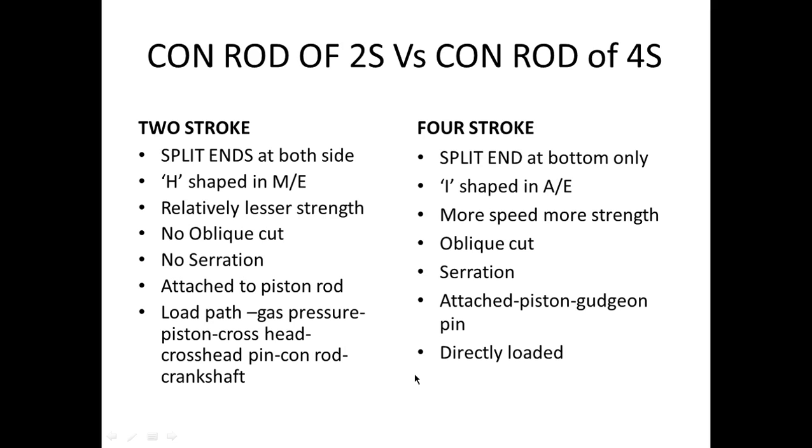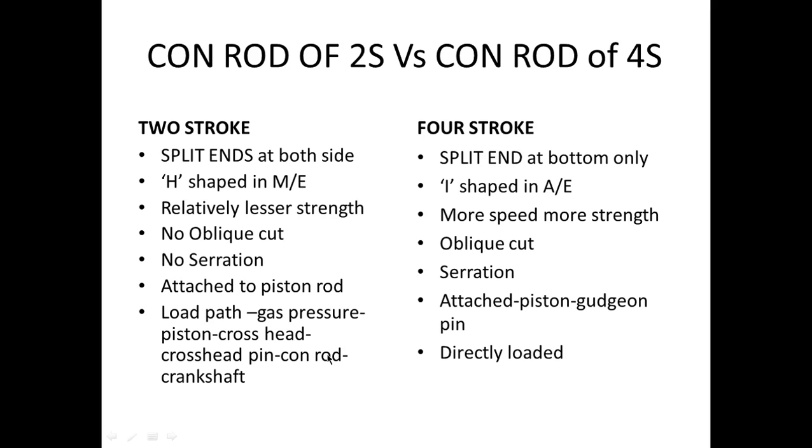Now when we speak about the load path in a two-stroke engine, we have gas pressure acting directly from the combustion chamber, which goes to the piston and then to the crosshead, and then we have the crosshead pin, which is not in the case of a four-stroke engine. Then we have the connecting rod, and finally it comes to the crankshaft. The crosshead also takes the firing load and distributes it by the time it reaches the connecting rod.